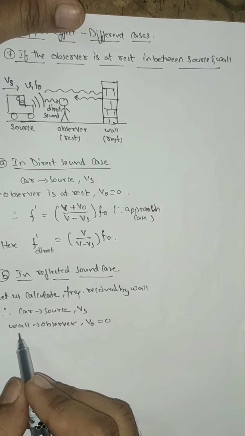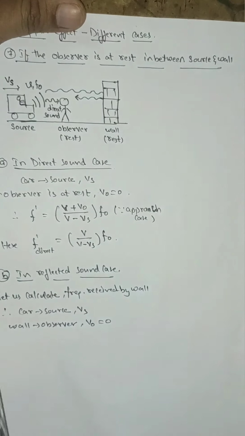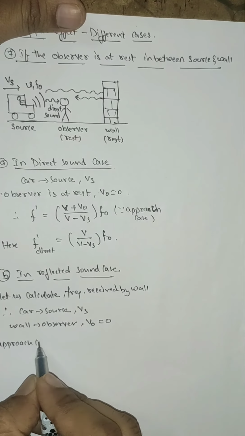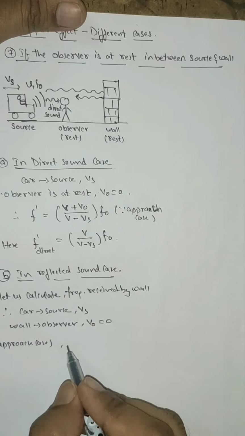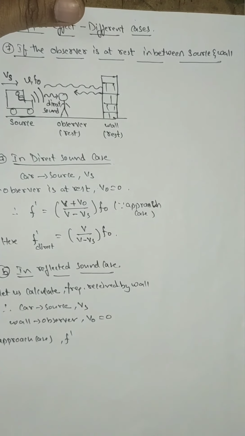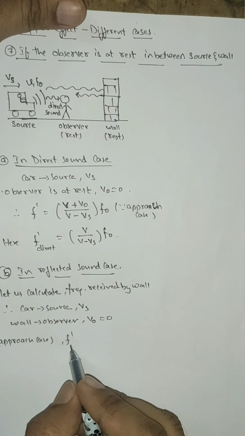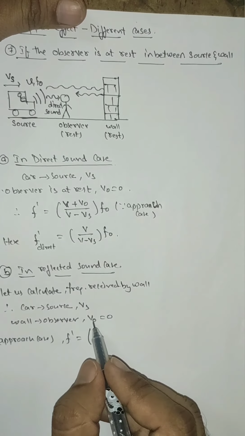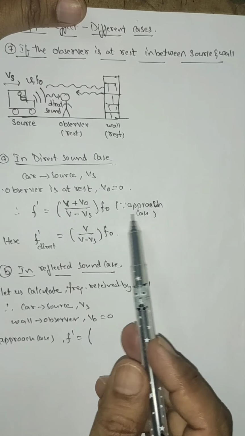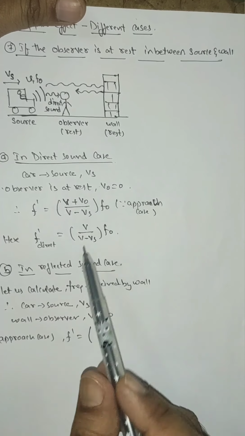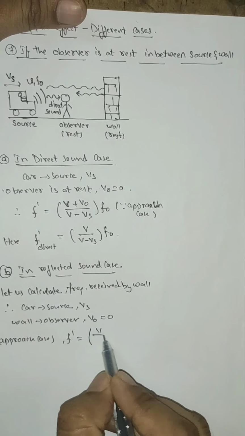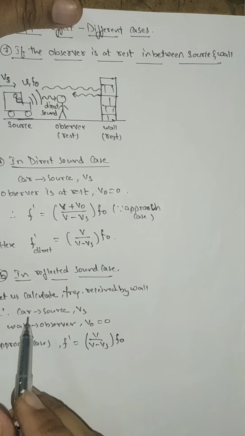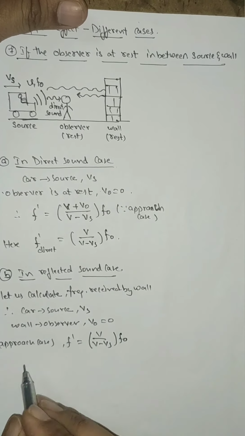And here it is again an approach case, the car is moving towards the wall, so we have to use the upper sign. Since V0 is equal to 0, we use the same formula. So therefore V by (V minus Vs) into F0. So this is the frequency received by the wall.